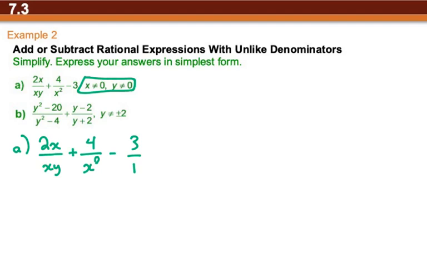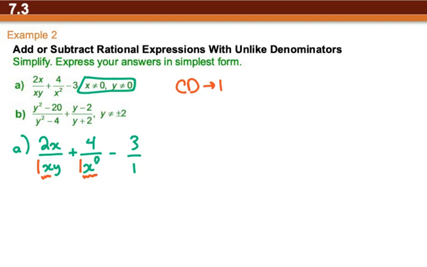So looking at the denominators, we can deal with this in terms of our coefficients, the numbers in front, as well as the variables. Each of these, xy and x squared, has a coefficient of 1, so in terms of our common denominator, we would need a 1. Looking at our variables, we have x and x squared.